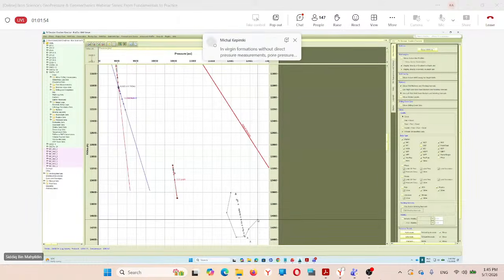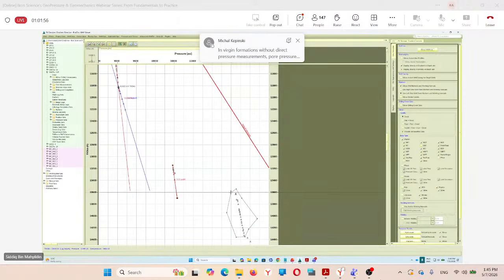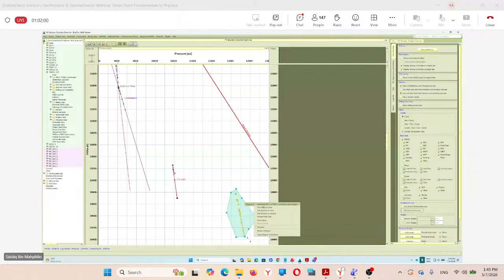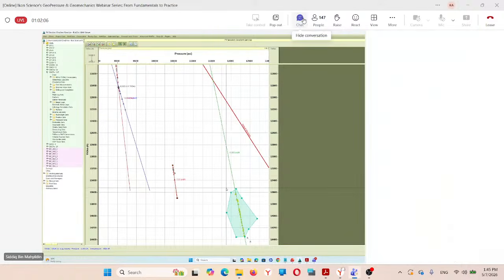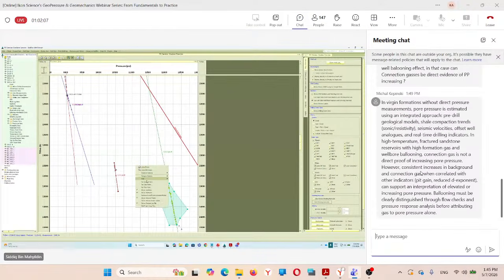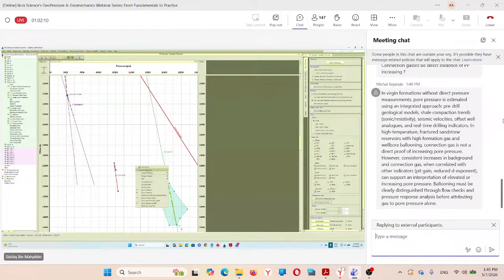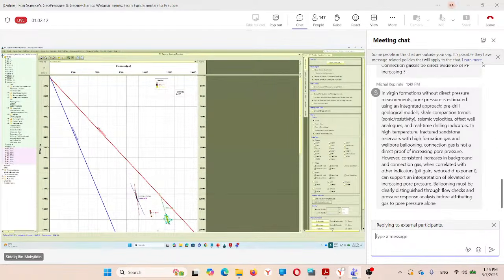I think the one at the bottom has a different fluid, so we'll ignore that for now. Okay, so I have an oil gradient up here, and undo zoom. We can easily see that this is one system, this is another system, and this is another pressure system.